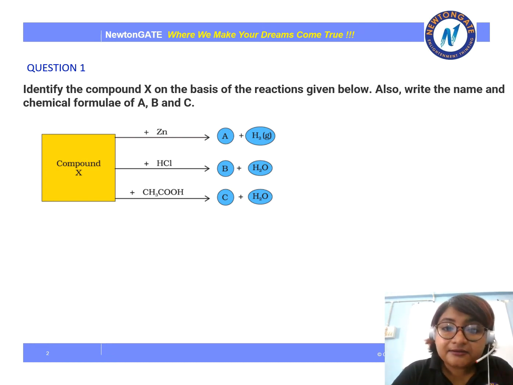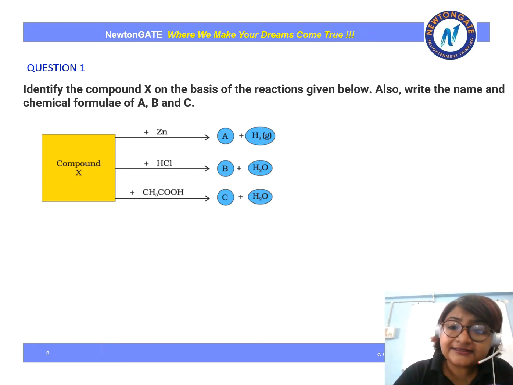You know that metal reacts with dilute acid to give salt and hydrogen gas, right? So here you can assume that compound X can be an acid, but from equation B it is not possible that an acid is reacting with acid to give you a neutralization reaction, right?